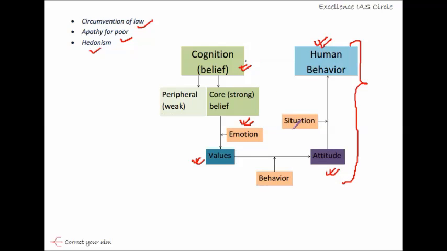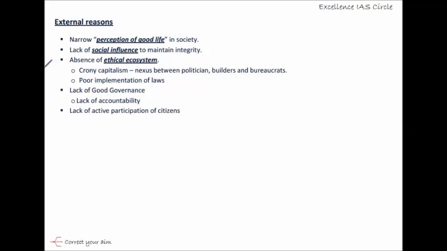Conscience does not fit into this framework, so I have not added it here. But conscience is also a very important determinant of human behavior. So if you have to explain any human behavior, the reasons from the internal side, from within, are these four. But as you can see, the situation shown in this diagram is also a very important determinant of human behavior. And situation can be said to be external reasons.